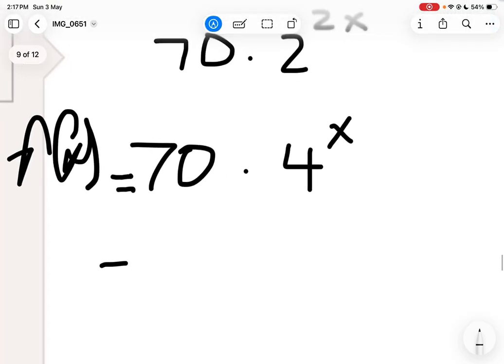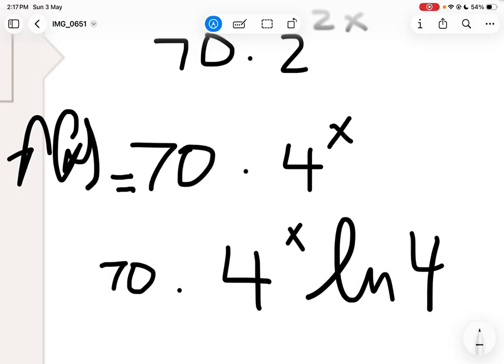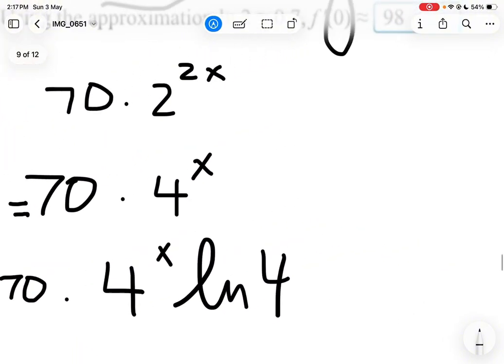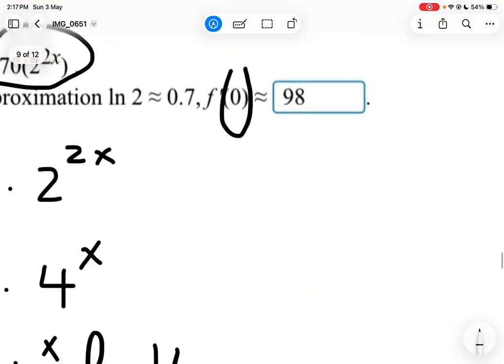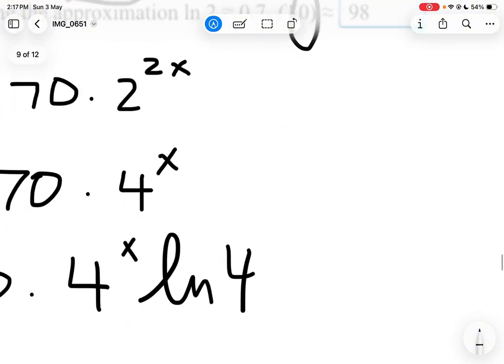The derivative will be 70 times 4 to the power of x ln of 4, okay? And then after that, we want f prime of 0, so we have to replace 0 in the x.